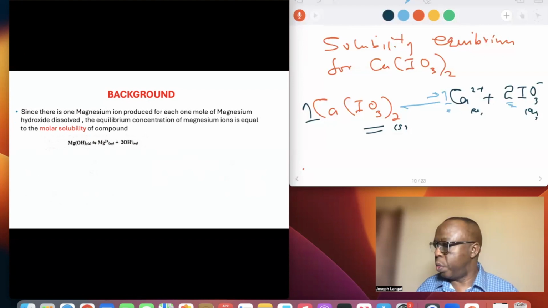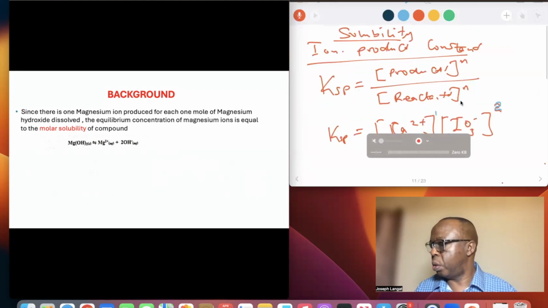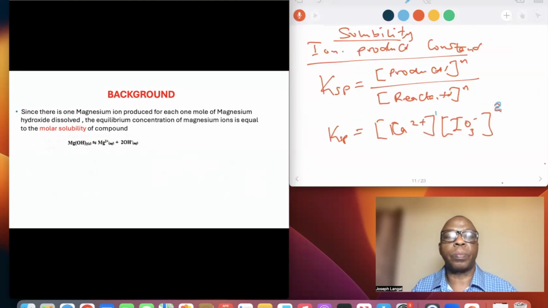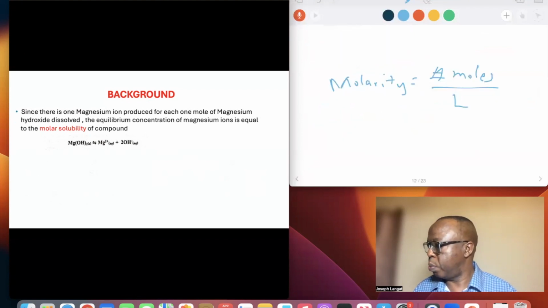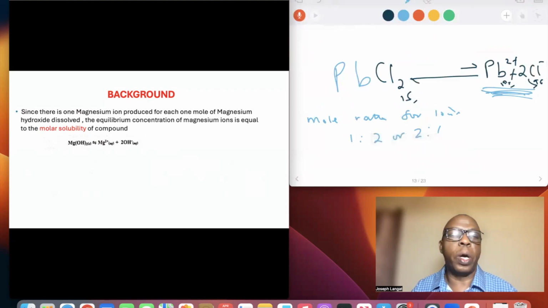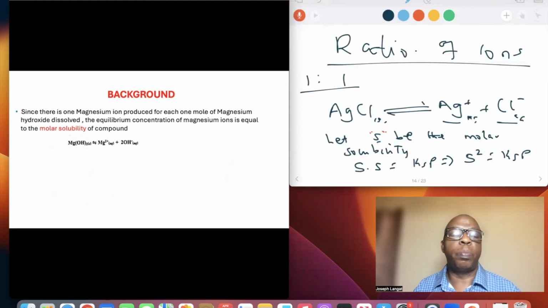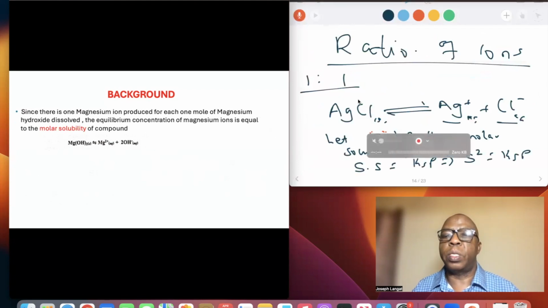So let's see how to determine the molar solubility. This depends on the ratio of ions in the solution. If it is 1 to 1, there's a way to determine the molar solubility; this one is 1 to 1, and this is 2 to 1. How do you determine the molar solubility? You say, let S be the molar solubility.